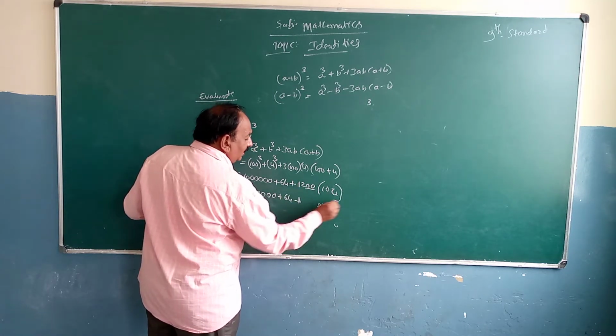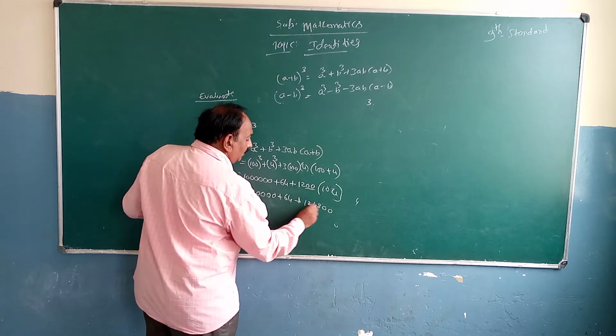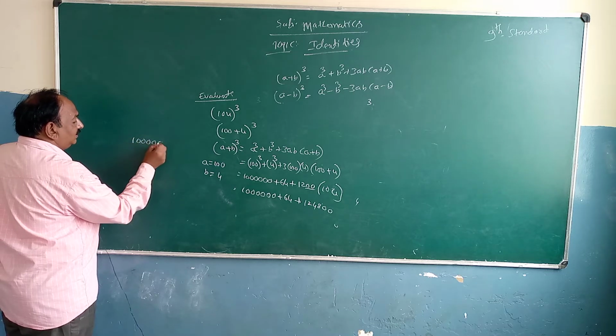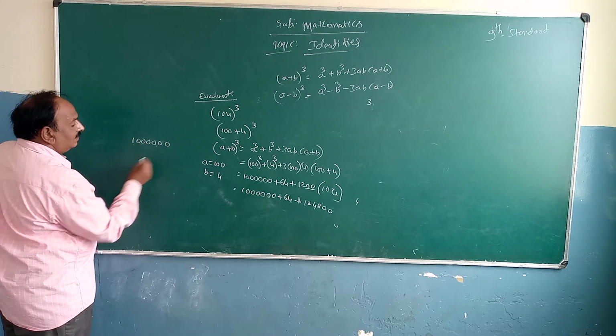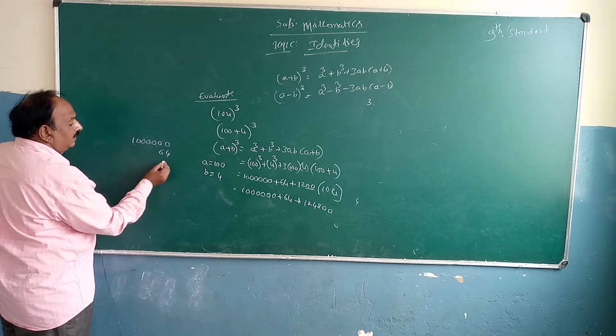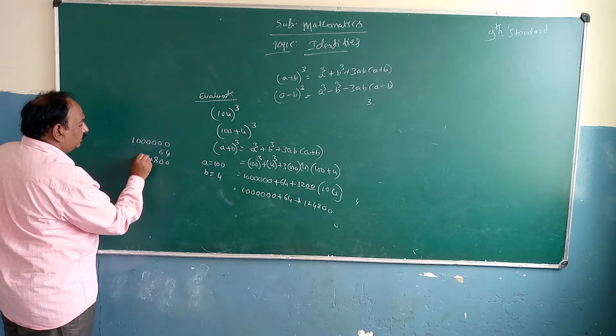12 4s are 48, 12 ones are 12. Add all these. 1 followed by 6 0s, 2 4 5 6, 64, 00 4 8 1 2.